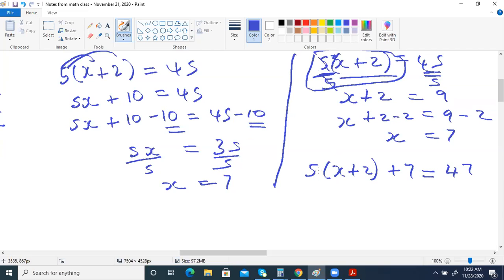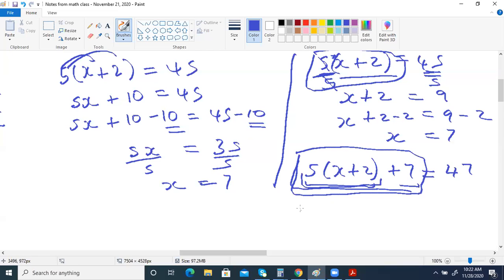Right here, you have a product, but you also have an additional term being added. You can't just divide by 5 and think it will apply to this alone. If you divide by 5, you're dividing the entire side of the equation by 5.